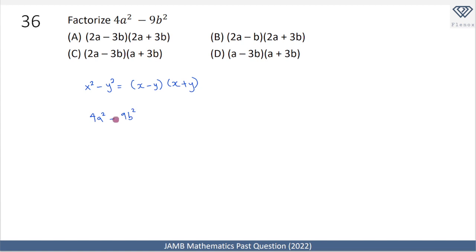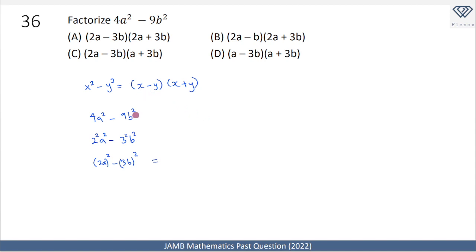So we have 4a squared minus 9b squared. Now we can write 4 as 2 squared, so we have 2 squared a squared, and we can write 9 as 3 squared b squared. So we can combine these as 2a squared minus 3b squared. So now we can apply our difference of two squares method.